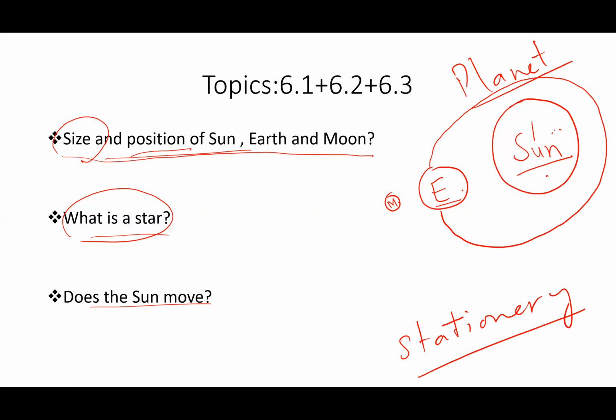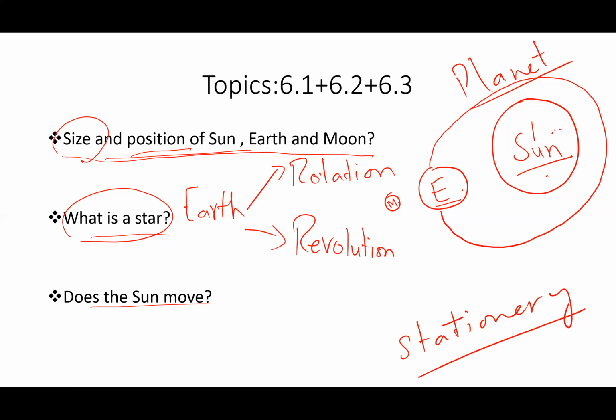Now, the movement of the Earth is a little tricky. The Earth has 2 kinds of movements. One movement is called rotation, and the other movement is called revolution.